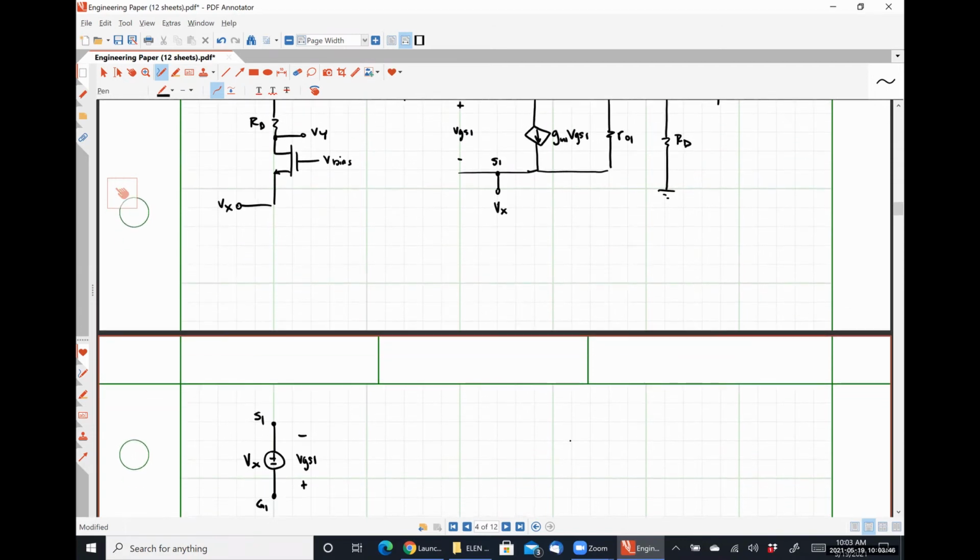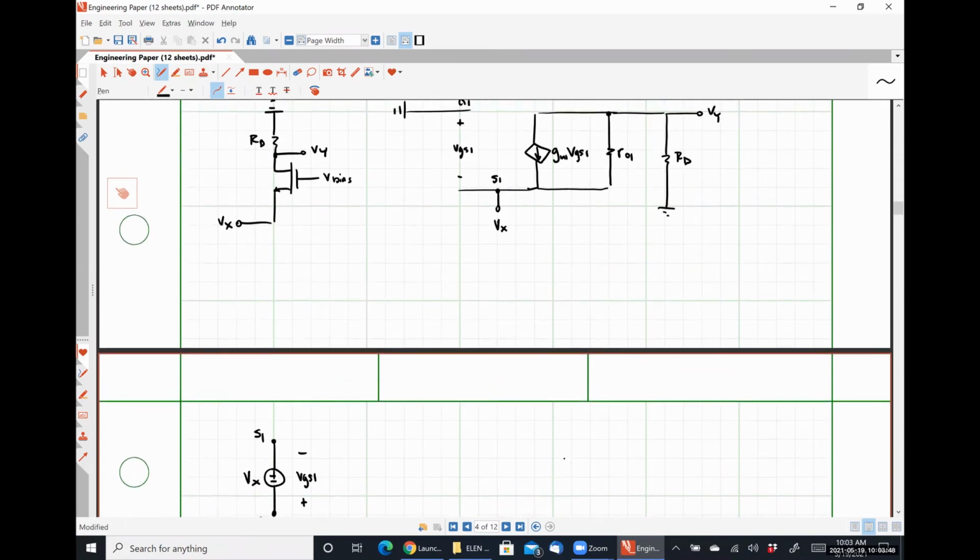So connected to our source, we have gm1 VGS1, that current source in parallel with r01, and I'm going to skip a step and go ahead and do that source transformation that we did the other day. So the head of the arrow is connected to the source terminal, so that's where the plus sign should be. Here's the minus sign.